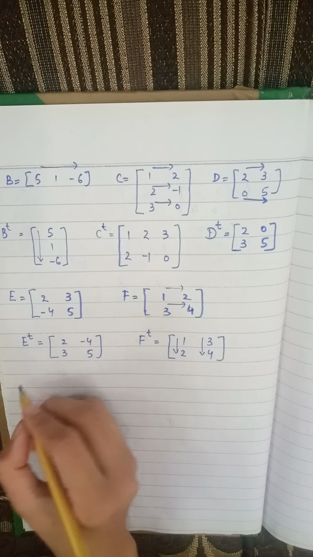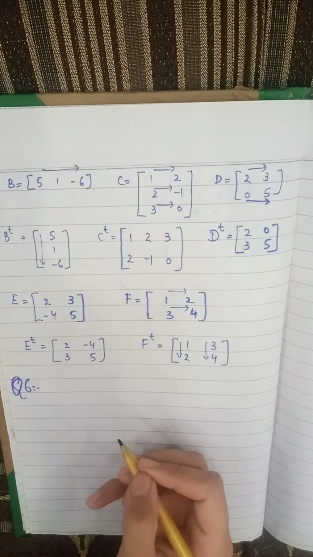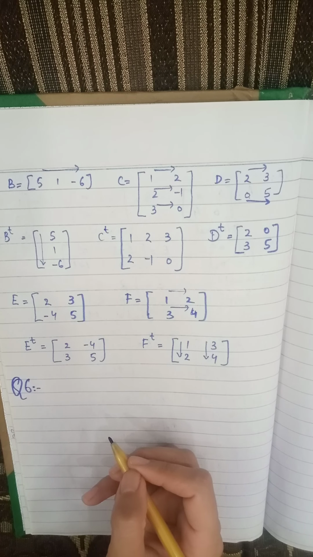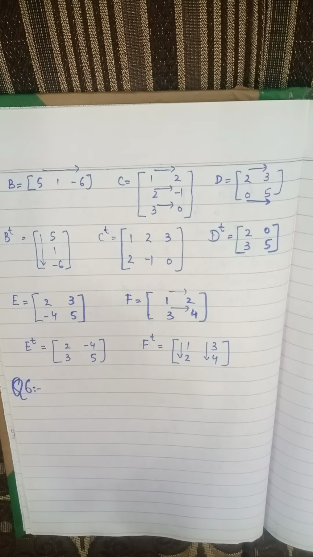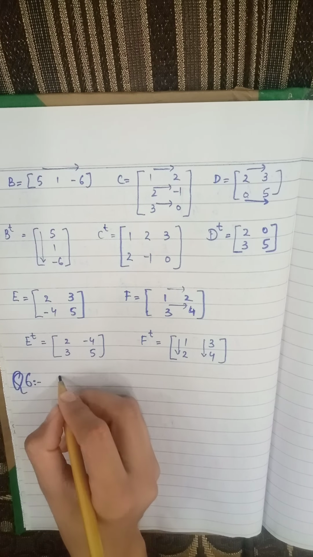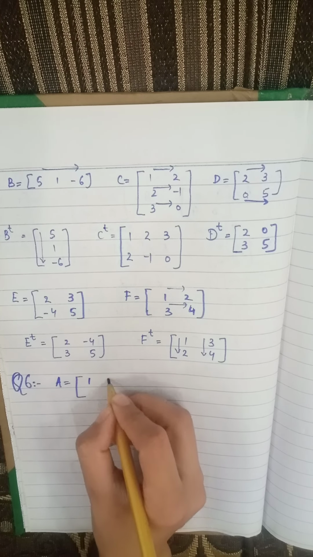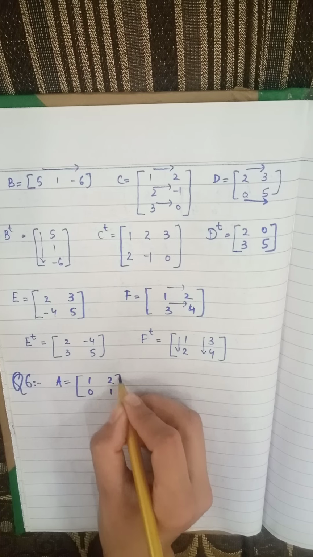Now question number 6. Verify that if A equals 1, 2, 0, 1 and B equals 1, 1, 2, 0, then A transpose and again transpose is equal to A. The double transpose of A would be equal to A. A equals to what? 1, 2, 0, 1.